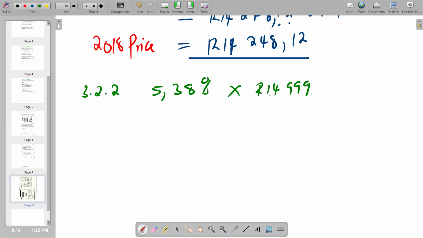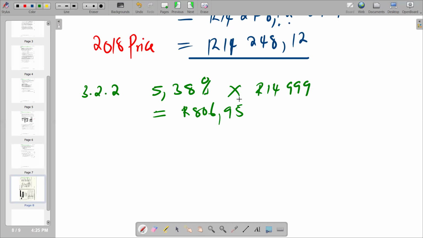Then we calculate it and we get 806 rands 95 cents. So this is what we have for that part.